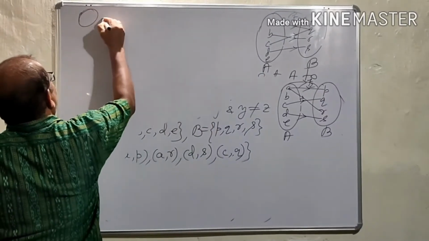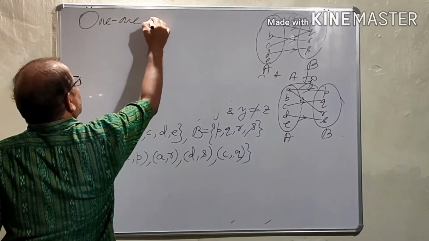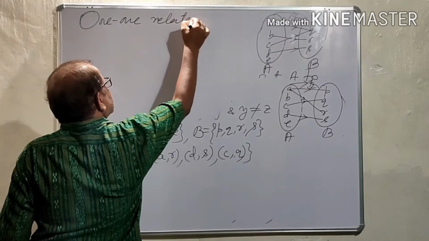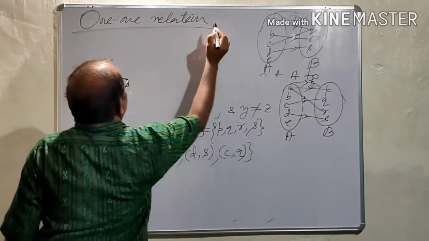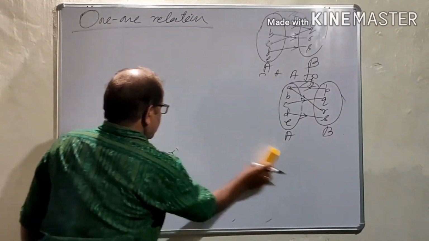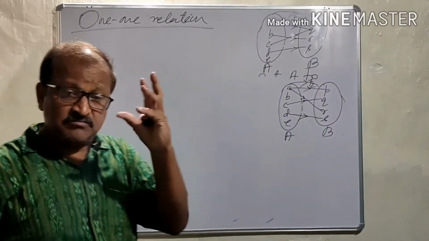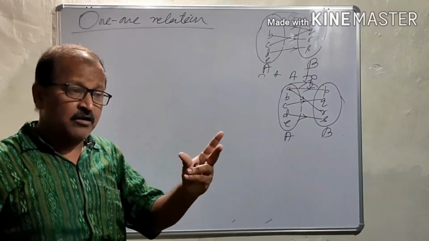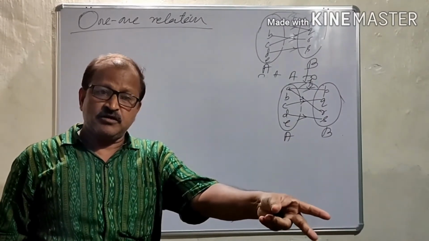Then there is another relation which is one-one relation. From the name, it is clear. One is related to one only.